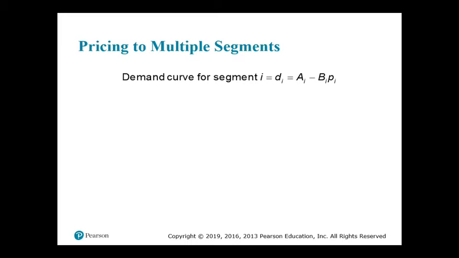So let's say we did a lot of data analysis, we understood our customers, and we know that there are K segments of customers we're facing. And for each segment i, we know the demand curve for this segment.